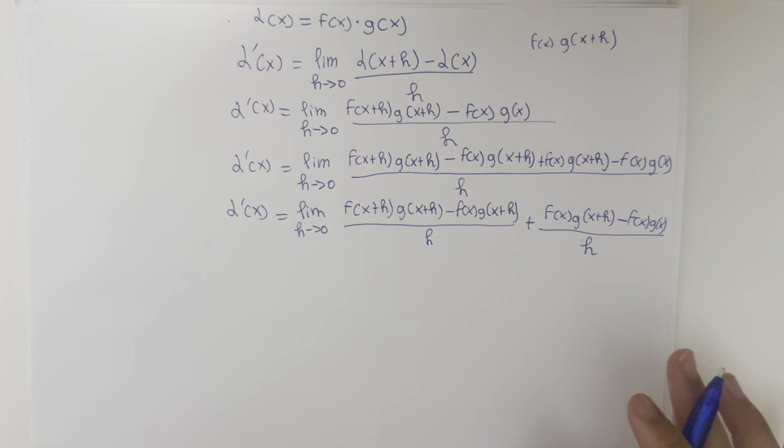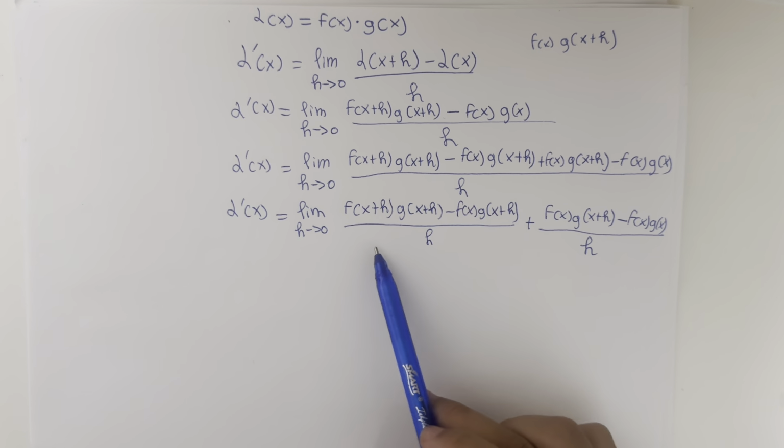Now we know that there's a limit property that says if you have two different functions that you're adding together, and you're taking the limit of these two functions, it doesn't matter what value you're approaching, then you can evaluate the limit of the two functions separately. So this is what we're going to do now.